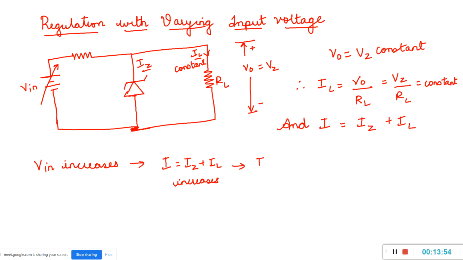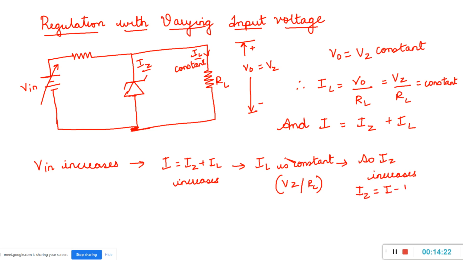But we all know that IL is constant, which is given by Vz by RL. So only Iz can vary: Iz increases. So Iz is equal to I minus IL.